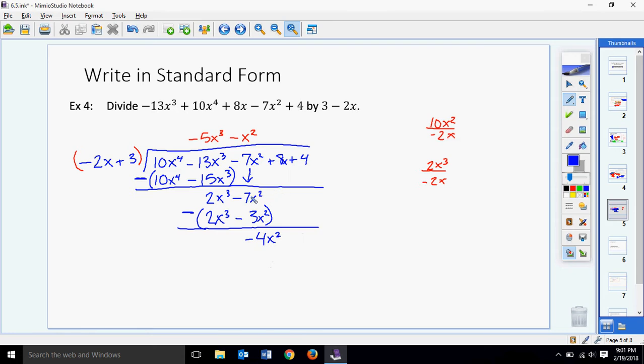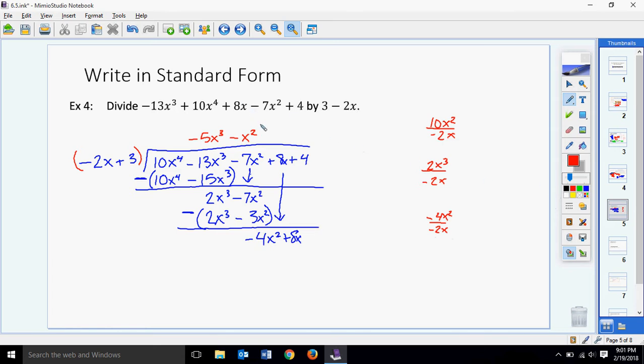And now you're ready to drop down your next term. Now you're ready to see, what do you need to multiply negative 2x by to give you negative 4x squared? In other words, think, what's negative 4x squared divided by negative 2?